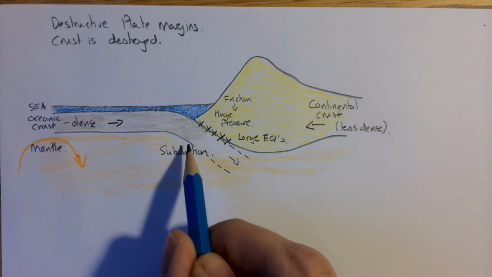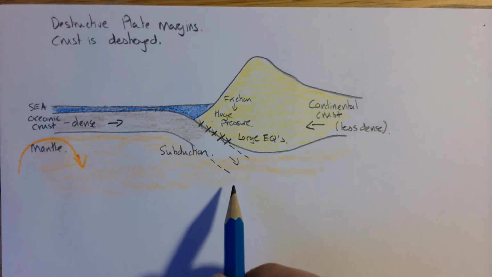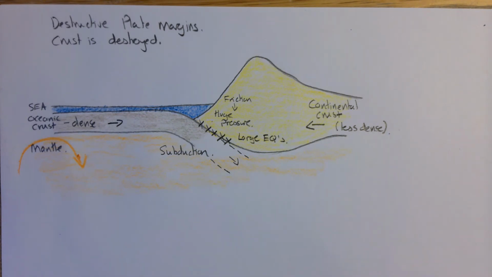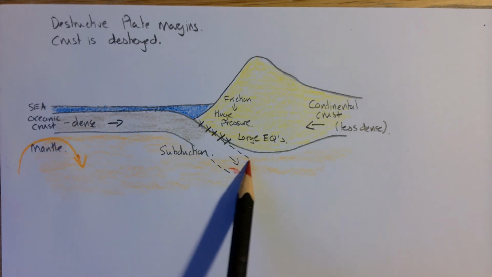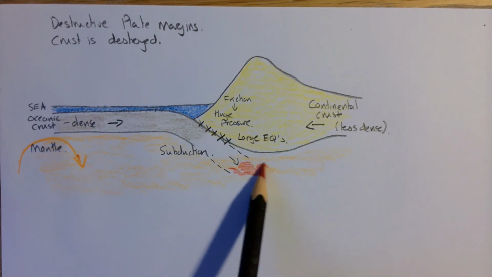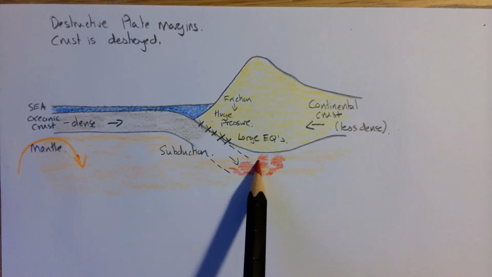As the oceanic crust moves deeper into the mantle, it will start to melt because of the high temperatures. And as it melts, the magma that it forms is relatively light in comparison to the mantle and will start to rise up.